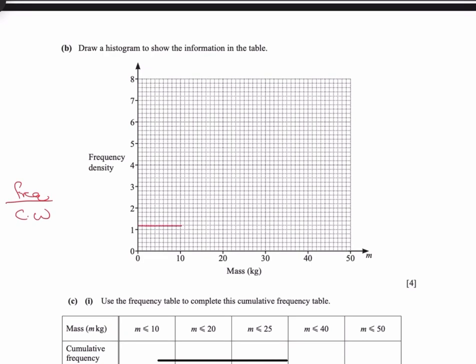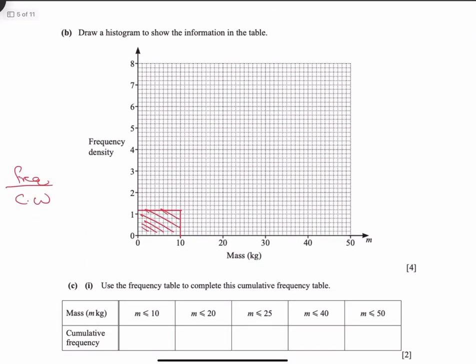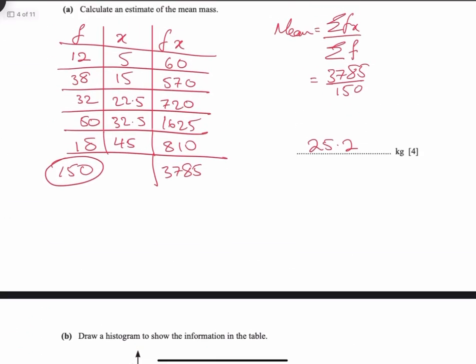Okay, and that's my first bar. 10 to 20, 3.8. So from here it goes up all the way to 4. Then from here it goes here. And from here it goes down here. All right, that's from 10 to 20.